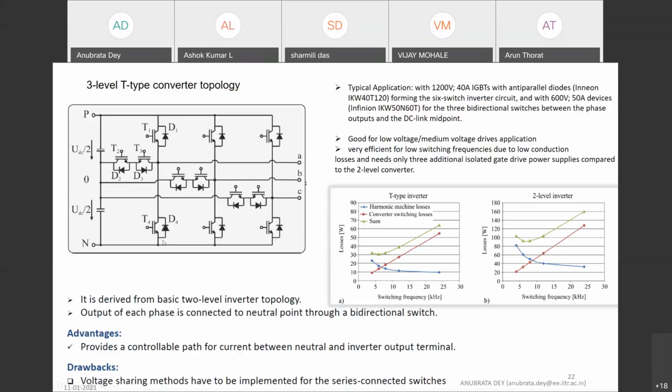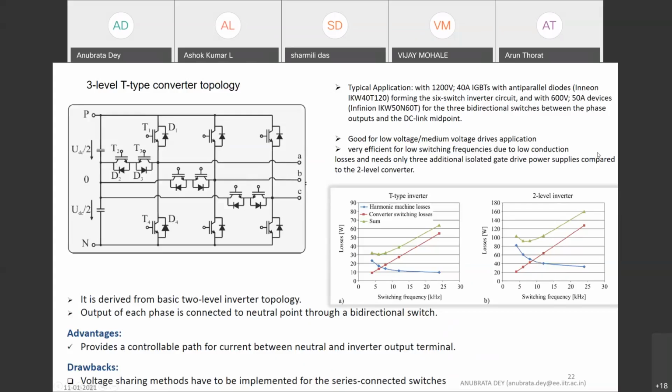You can use, for example, one switch for the top and bottom switch of this leg. And when you are trying to clamp this neutral point, it is clamped through these two anti-parallel switches, called bidirectional switches. The two switches will be of half the rating of the top and bottom switches.